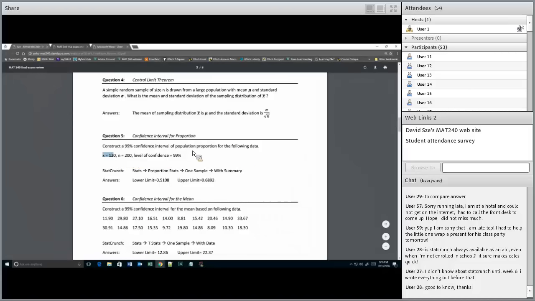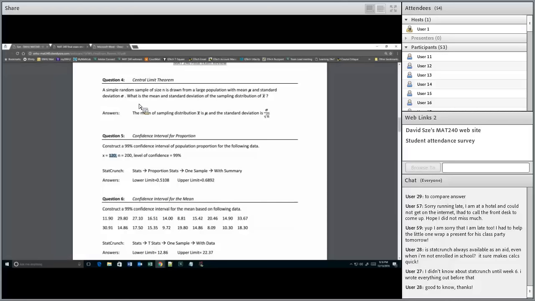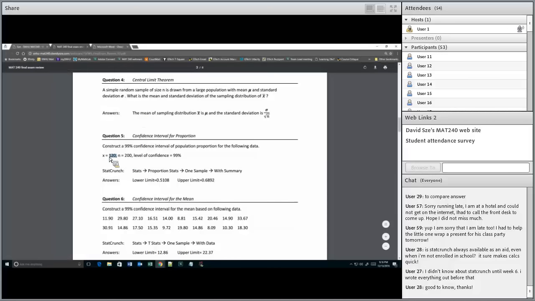The population proportion is what you're trying to estimate, the confidence interval of population proportion. So you take a sample of 200 and you find that out of the 200, 120 observations are of interest. So the proportion of interest is 120 over 200.